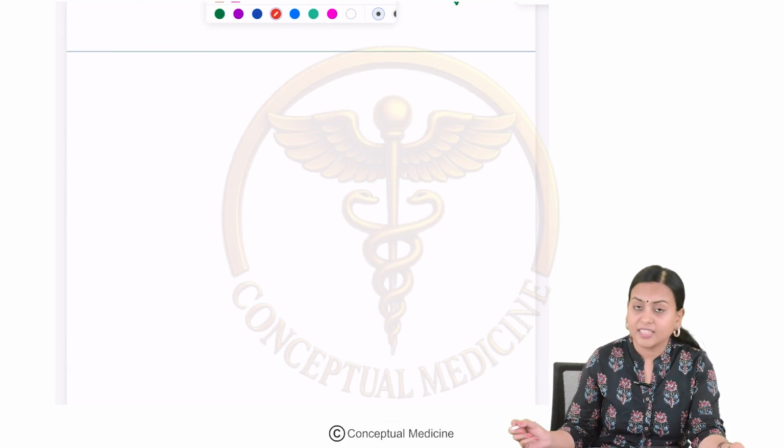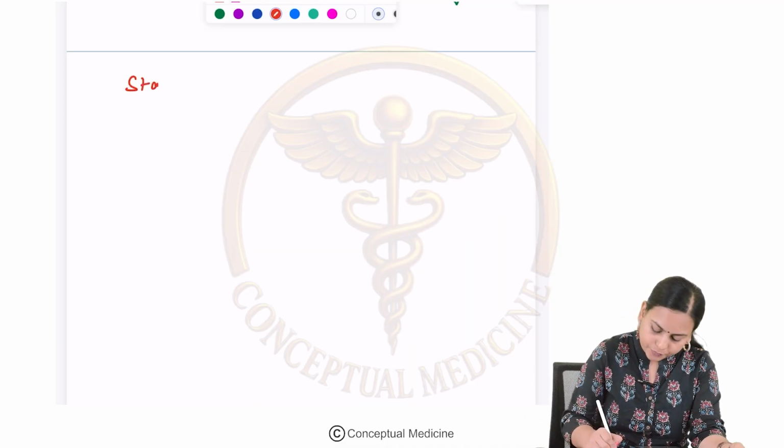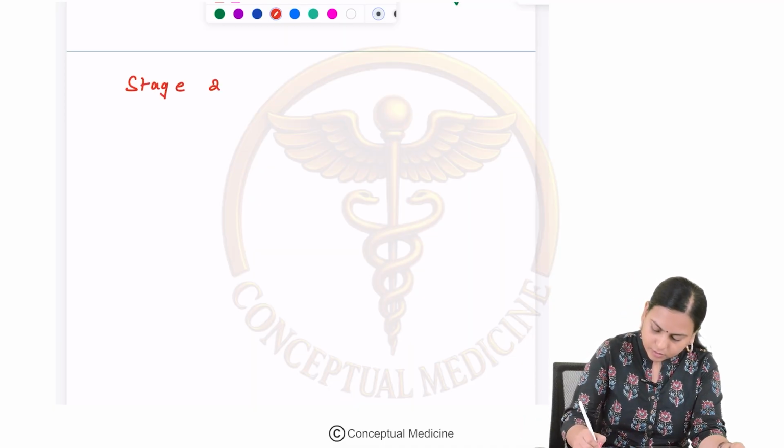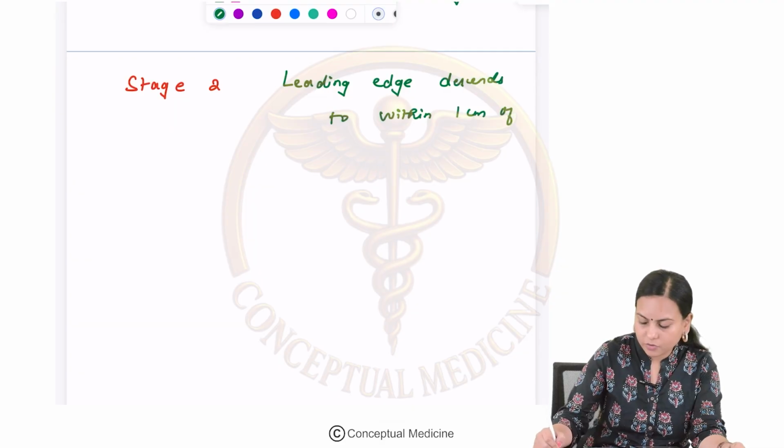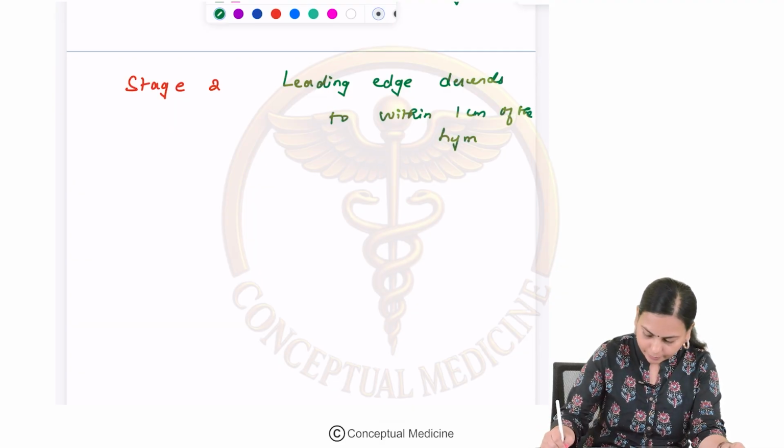Okay. And then in stage 2, the leading edge descends to within 1 centimeter of the hymen.